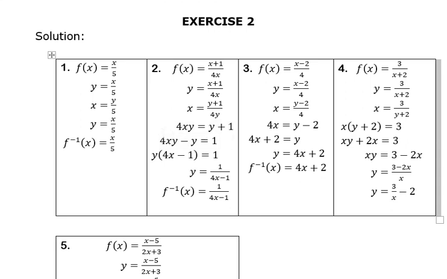Then collecting the terms with all the y variables on the left-hand side, that becomes 4xy minus y equals 1. Factoring out y, that becomes y times the quantity 4x minus 1 equals 1. Finally, dividing both sides by 4x minus 1, we have y equals 1 over 4x minus 1. Rewriting, f inverse of x equals 1 over 4x minus 1.